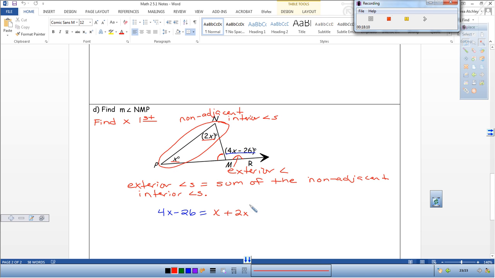Then we're just going to solve. So x and 2x are like terms. I'm going to combine them and get 3x. I'm going to move the 4x over. I'm going to get negative 26 equals negative x.